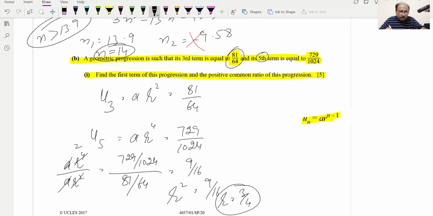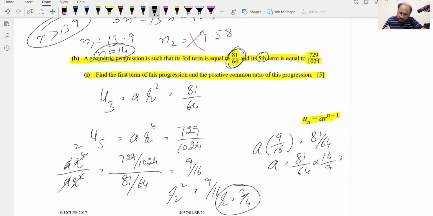Now ar squared: so a into 9 by 16 is provided as 81 over 64. So we can write a is equal to 81 over 64 into 16 over 9.